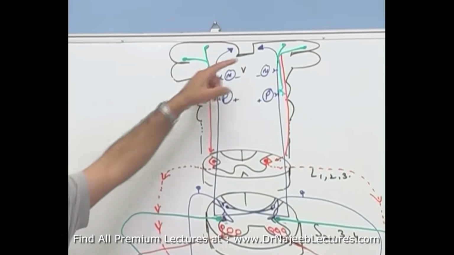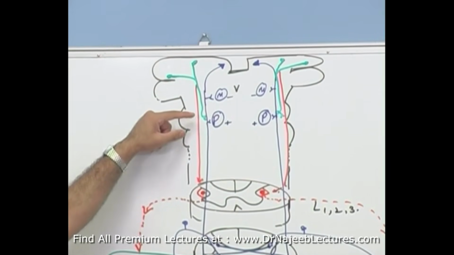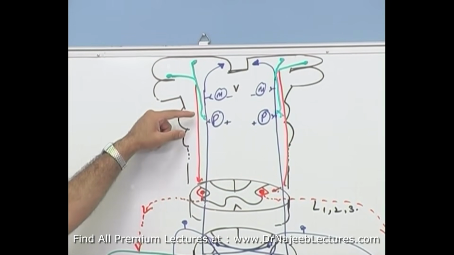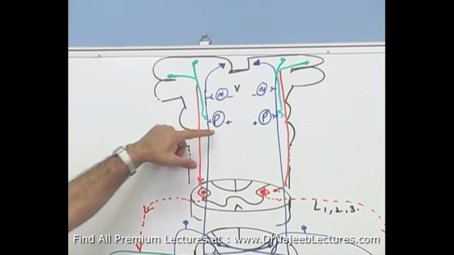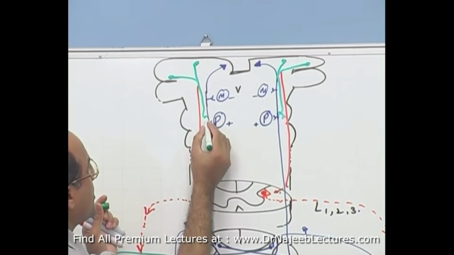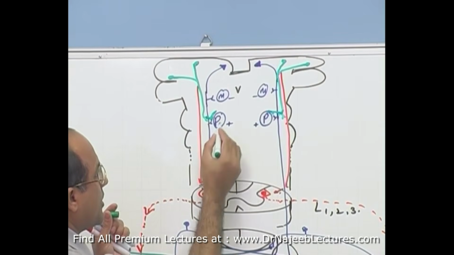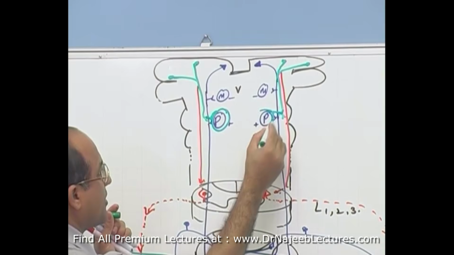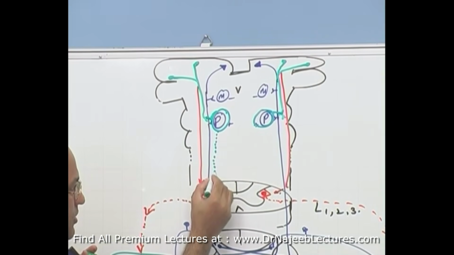From here the cortical descending pathways come down and influence the centers in the brainstem. Especially they will facilitate the pontine center. When these pathways stimulate the pontine center, the pontine center will facilitate the lower center to pass the urine.